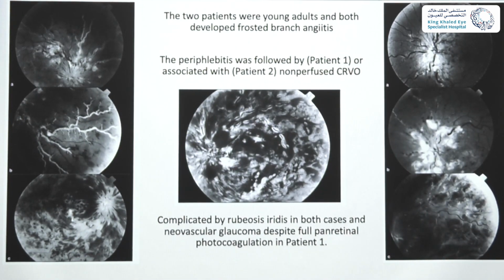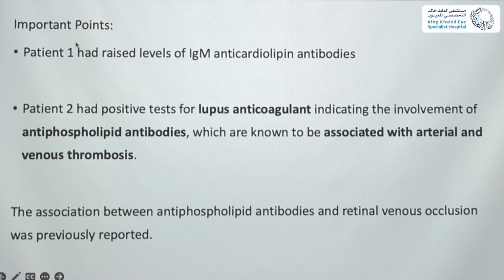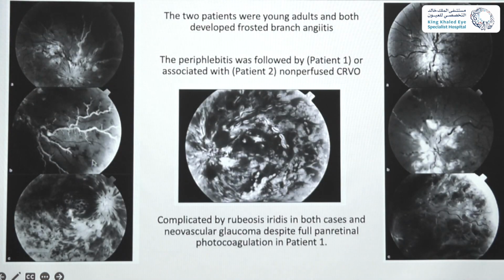In this picture, these are the photos of the first patient and this is the second patient. The two patients were young adults, and both developed frosted branch angiitis. The periphlebitis was followed by CRVO in patient number 1 and was associated with non-perfused CRVO in patient 2.